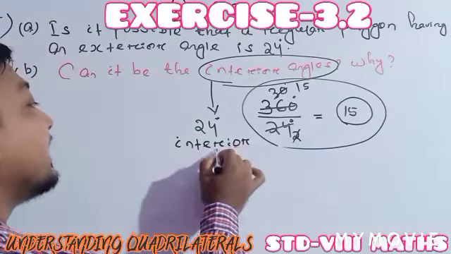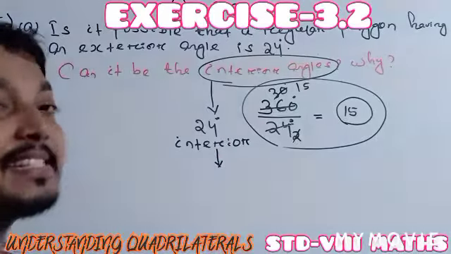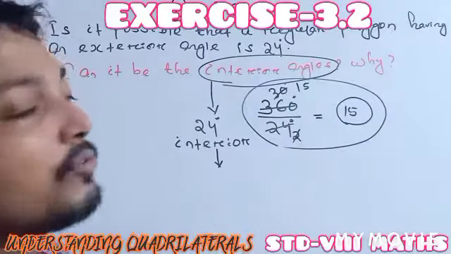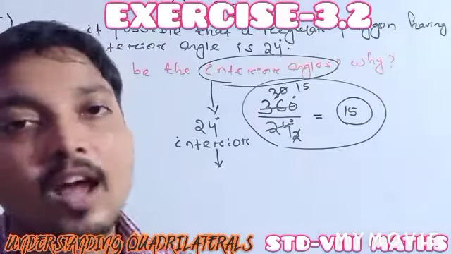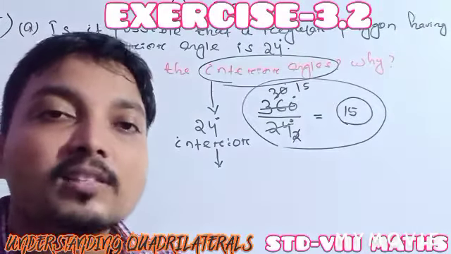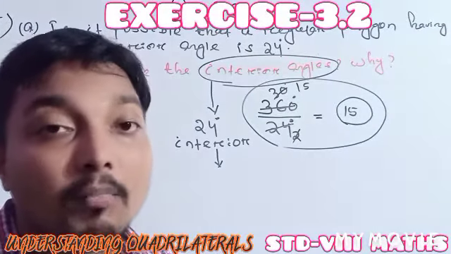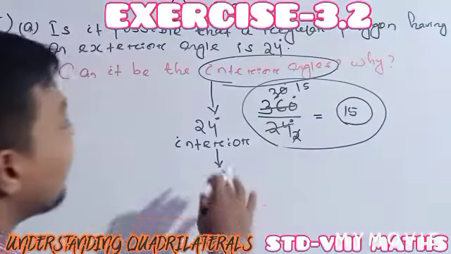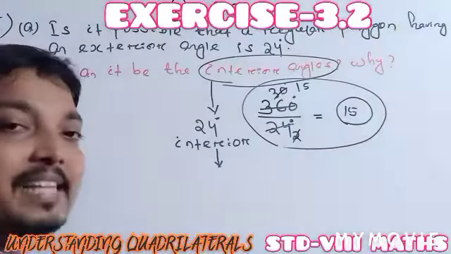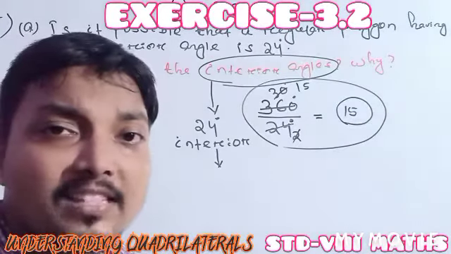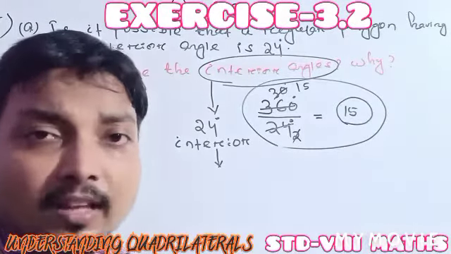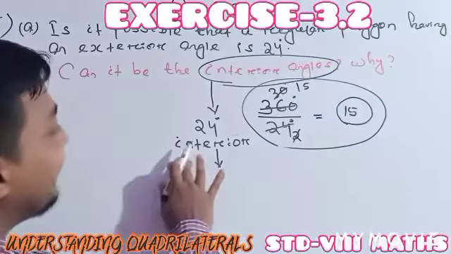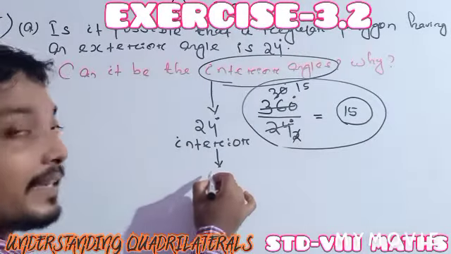Whenever 24 degrees is the interior angle, we want the exterior angle, because we want to check whether the polygon is possible. How do we check? By the number of sides the polygon has. To get the number of sides, I want each exterior angle of the regular polygon. Here the interior angle is 24 degrees.